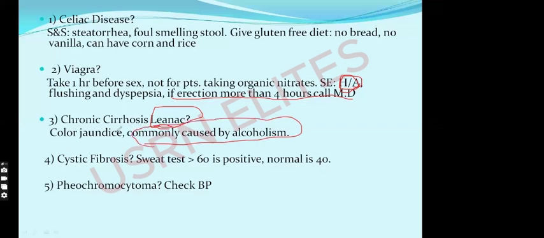So when you see cirrhosis with this word, it means the primary cause is excessive intake of alcohol. And you are going to have all those signs and symptoms of liver cirrhosis that everybody should get.